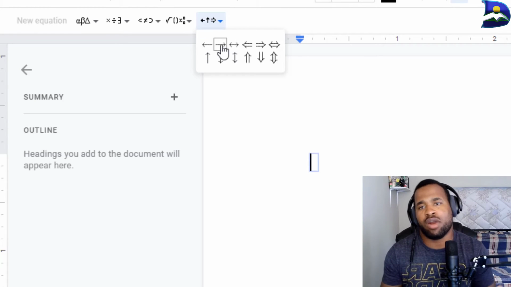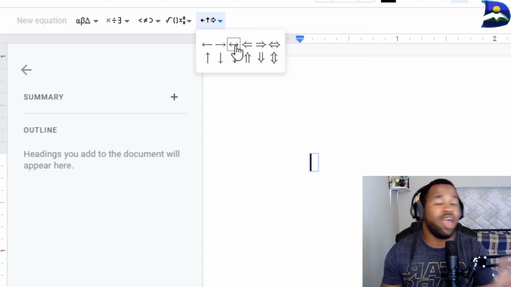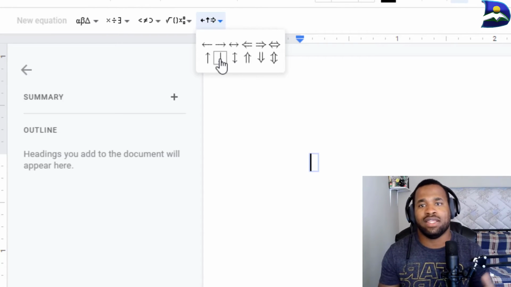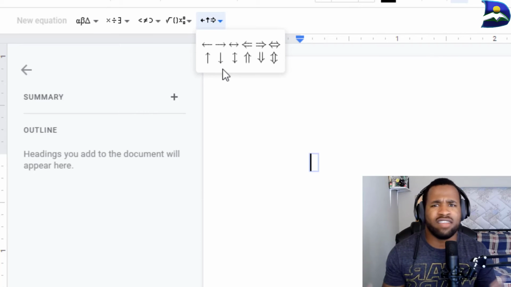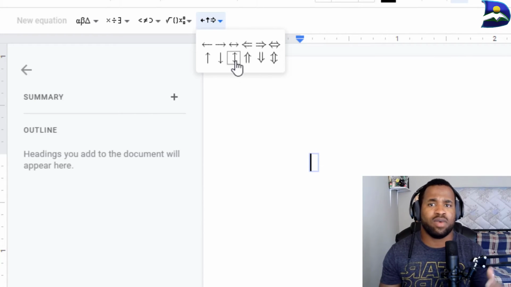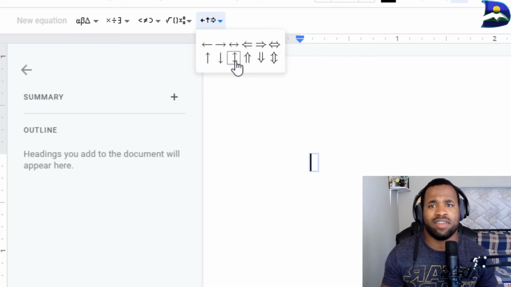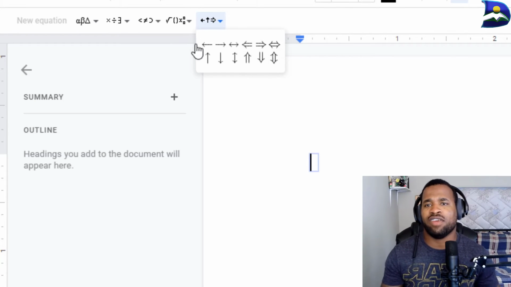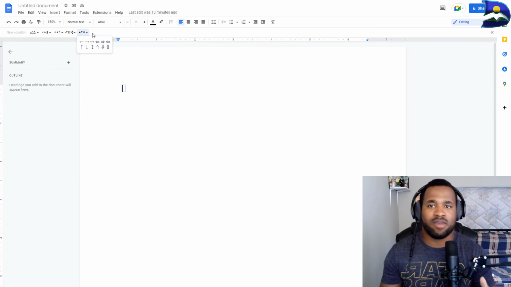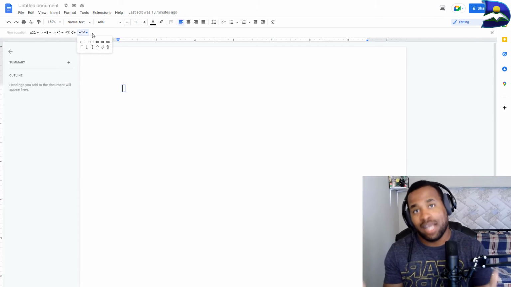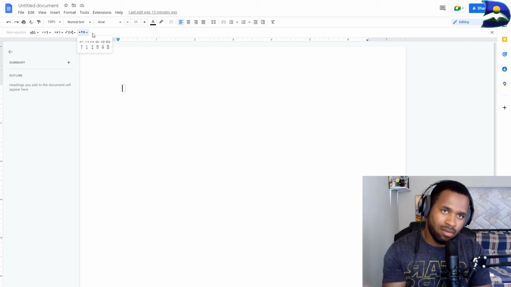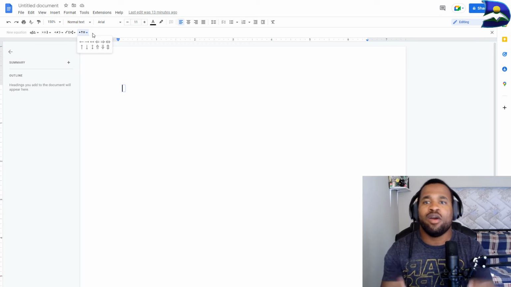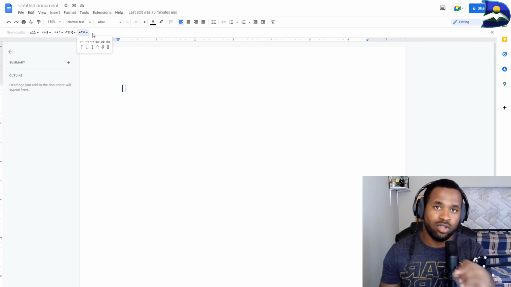Usually it's equilibrium, but this here is more of resonance in chemistry, and this here is when something is going downward or up in terms of vectors, and this here is where you're going both up and down at the same time. And all these are things to be aware of in terms of the specific symbols and letters and also potential operations that you should use when you are on Google Docs.